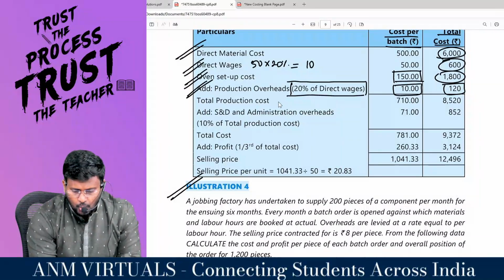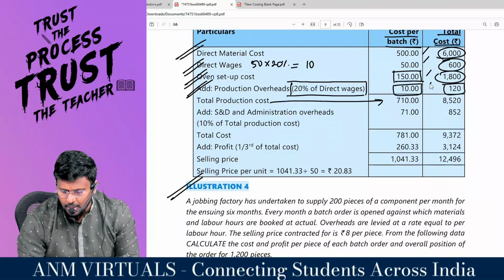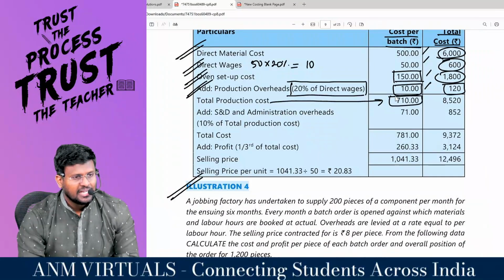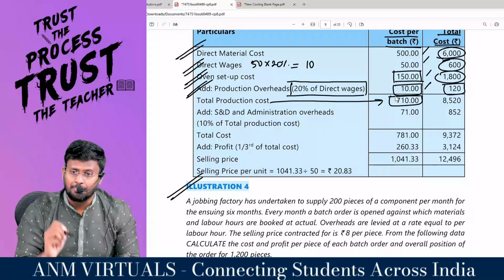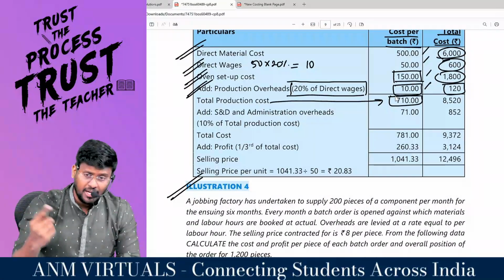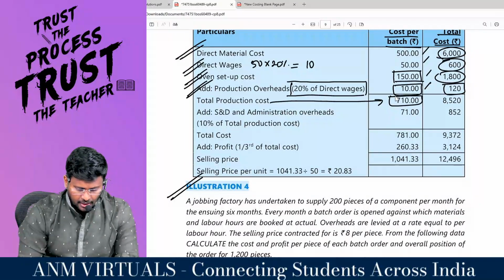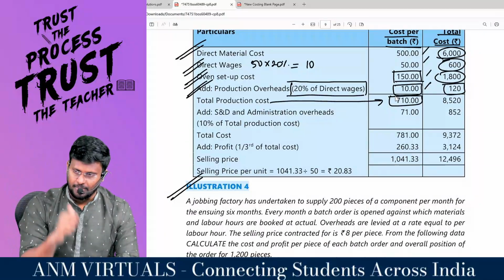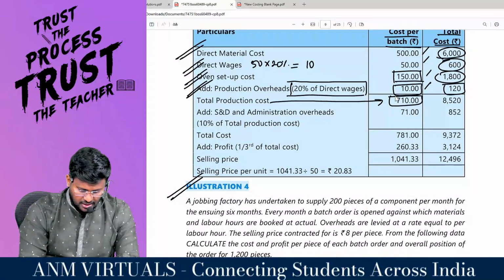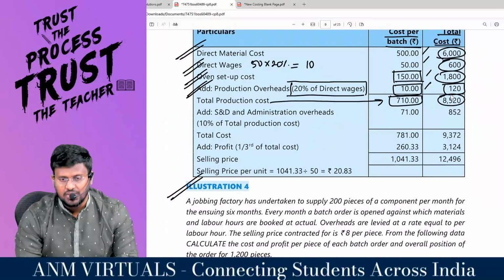You will get the total production cost: 500 plus 50 plus 150 plus 10 comes to 710 per batch. If someone asks the production cost per unit, 710 divided by 50 comes to 14.2. That is called unit costing. So 710 into 12 batches comes to 8520.